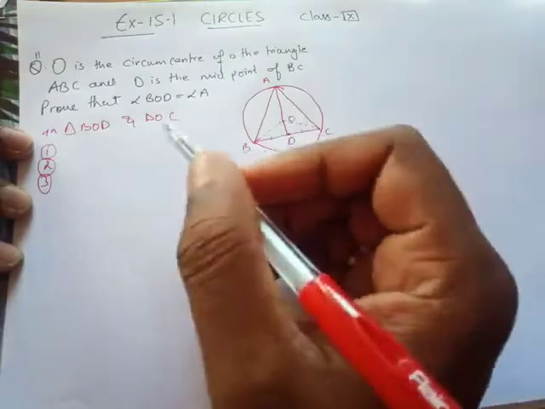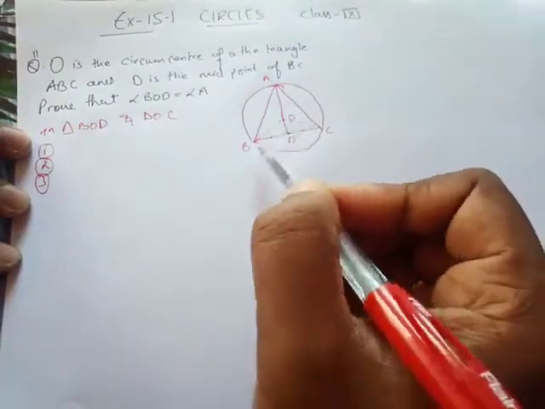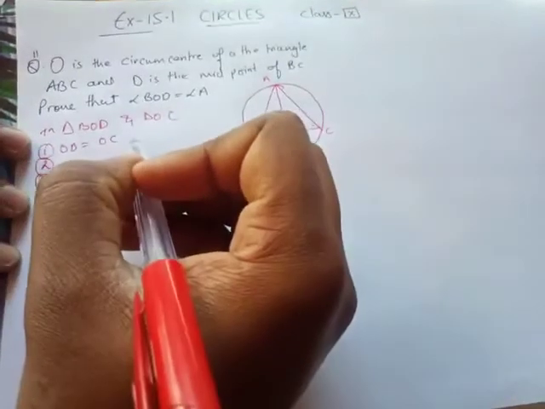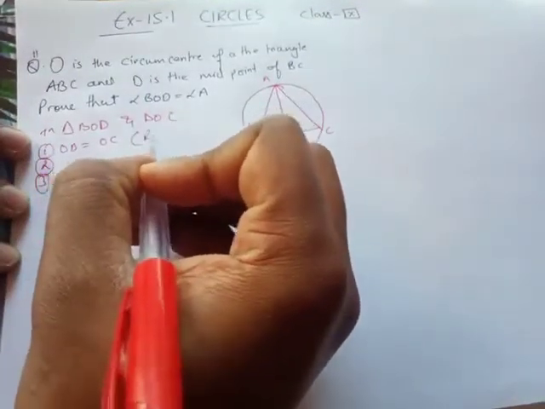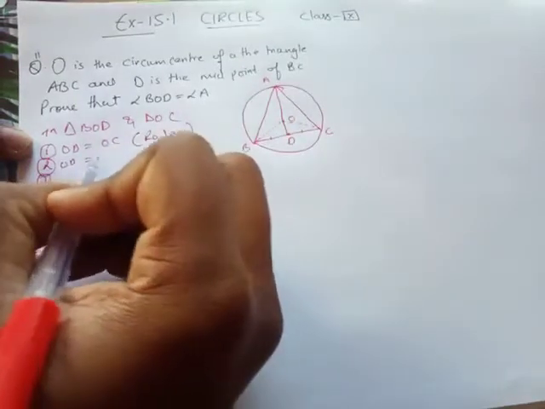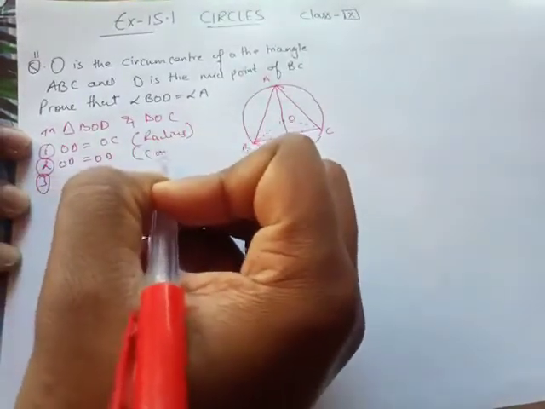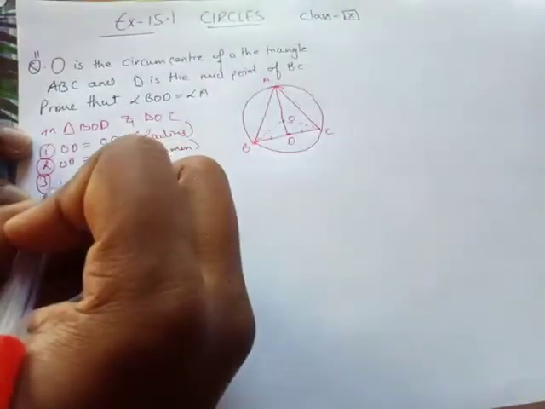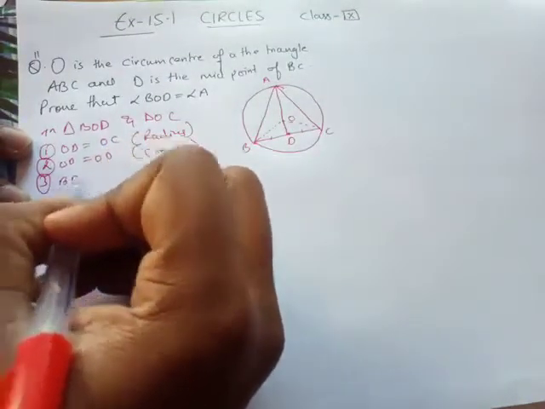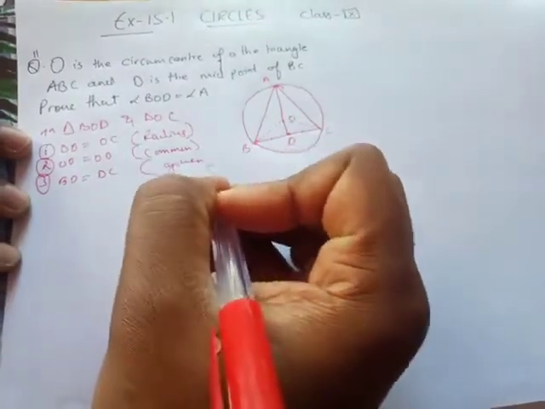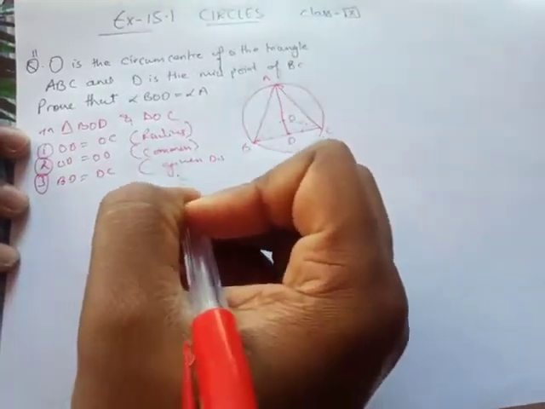First is OB equals OC, and the reason for that is it's the radius. The second one is OD equals OD, it's common in both the triangles, isn't it? And the third one is BD equals DC, it's given that D is the midpoint.